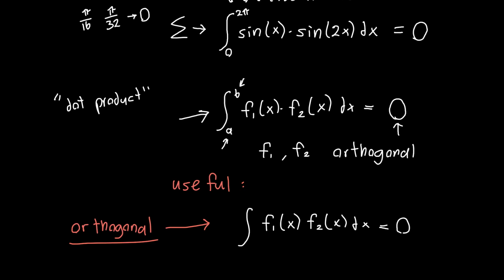And this might not seem to be super useful at first, but this property will actually allow us to deal much more easily with the Schrödinger equation, because often we don't want to deal with f1 and f2 directly. We'd like to set as many things equal to 0 as possible before even starting any computation. And this property, function orthogonality, is what's going to allow us to do that.